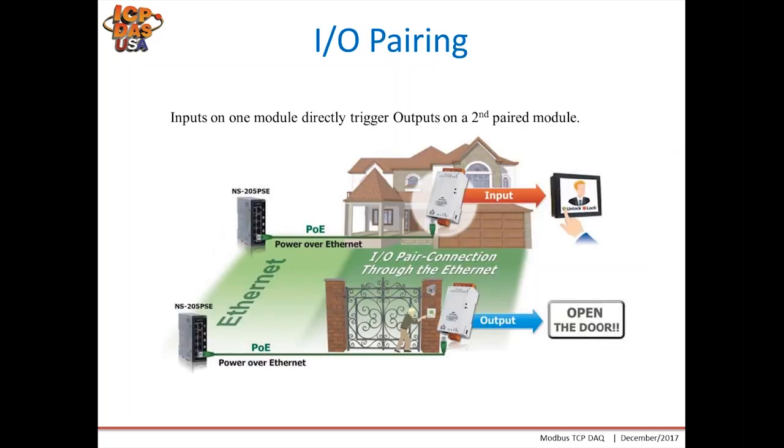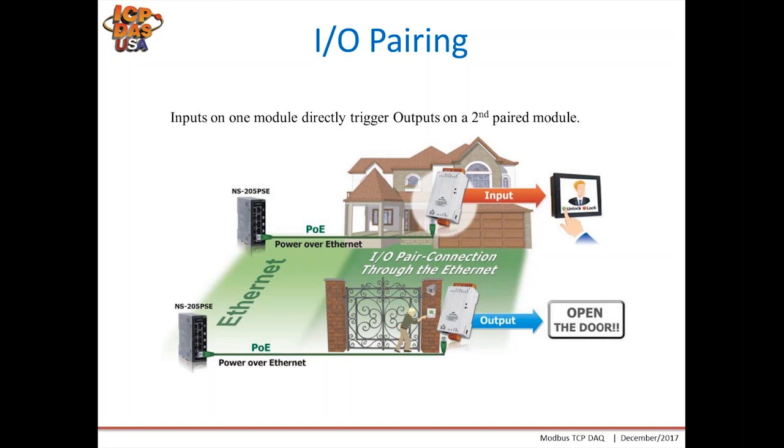I/O pairing is an interesting feature which we have added to our Ethernet devices, which allows inputs on one module to directly trigger outputs on a second paired module. Therefore, you don't need a controller, you just need two modules and an Ethernet switch. Here's a nice application showing essentially a doorbell.